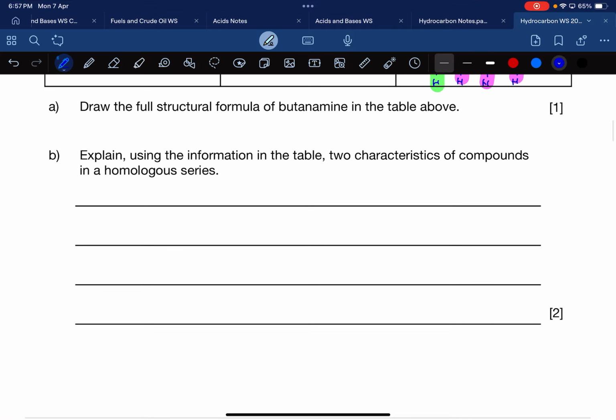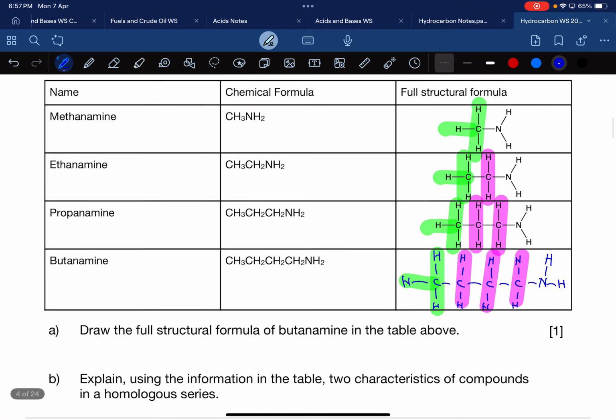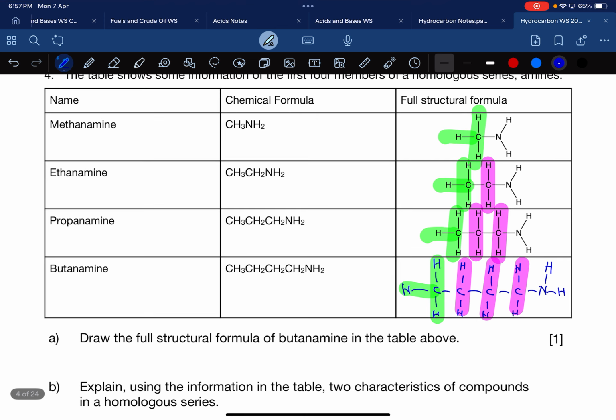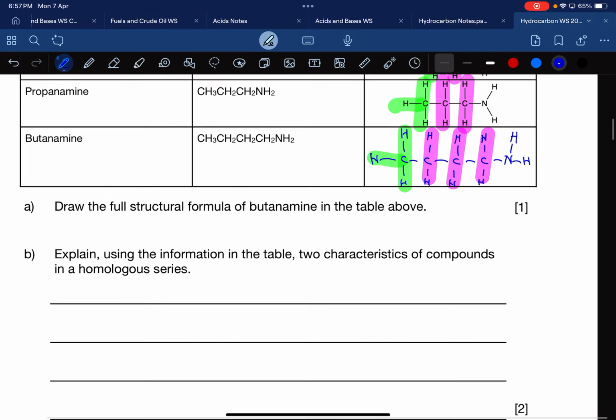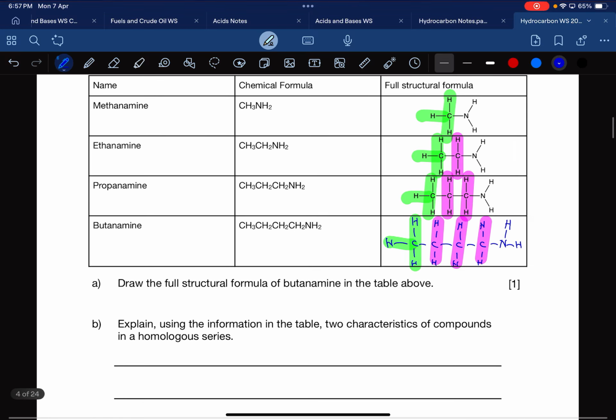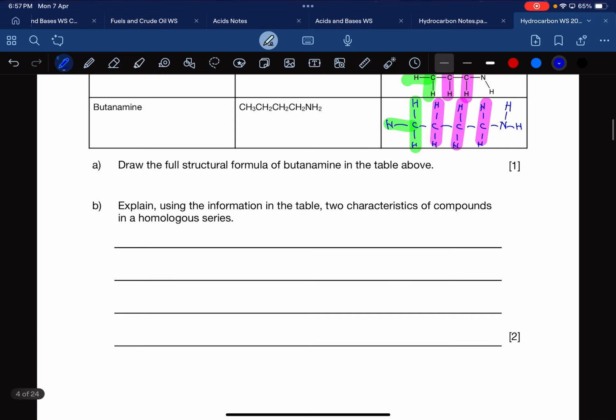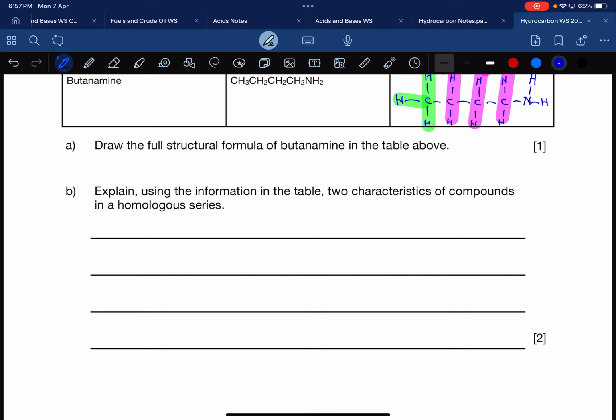Okay, explain using the information, two characteristics of compounds. Rodin, can you give me one? Assume general formula. Oh, you want to use general formula? Do you know your general formula then? Sort of. Okay, go for it. It's not an exact formula. I just wrote all the formulas out. Oh, no, cannot. If you want to talk about general formula, then you have to bring in the common general formula through all of them.